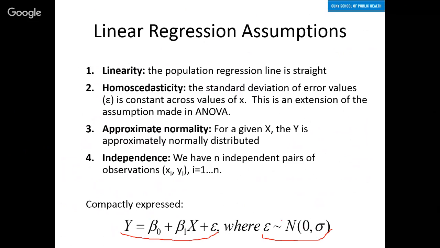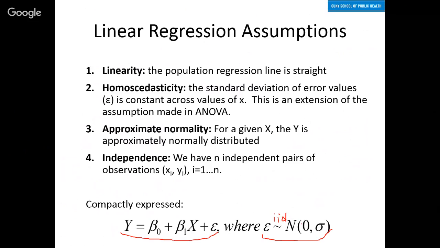And it is actually also common to write epsilon with a tilde above it. And this means that the errors are normally distributed with mean 0, standard deviation sigma, and they are independent and identically distributed.